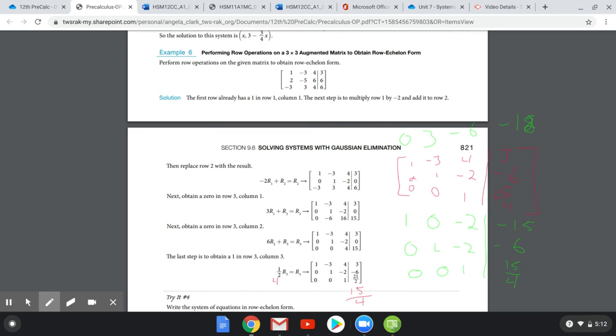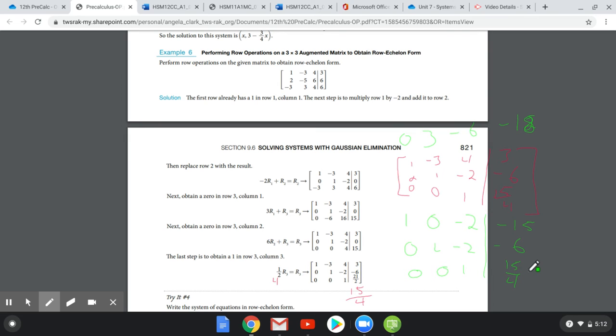So now the next thing I want to do is I want to get this to be a 0. And you might think, oh, well, let's just subtract these 2 rows. But then I would be introducing this number back in here. So I want to multiply this row by 2 and add the top row with the bottom row so that I don't introduce a new number because I just want to change this number.